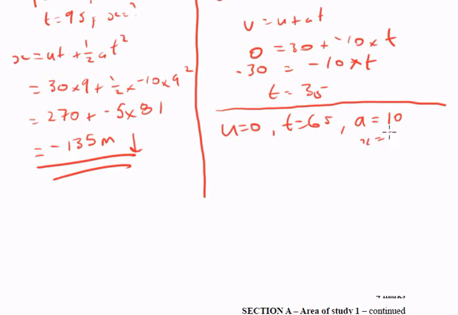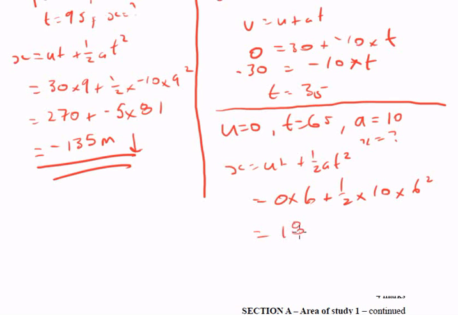And x equals question mark. The equation of motion is x equals ut plus half at squared. So x equals 0 times 6 plus a half times 10 times 6 squared, which equals 180 meters.